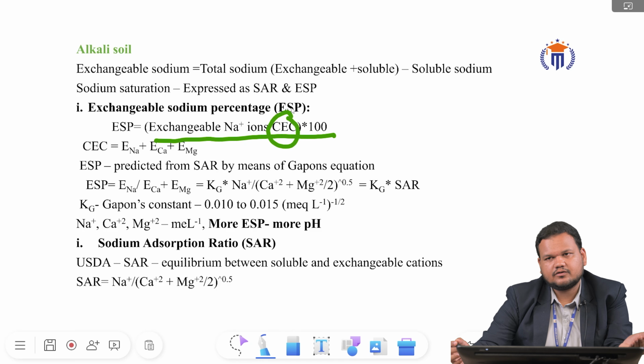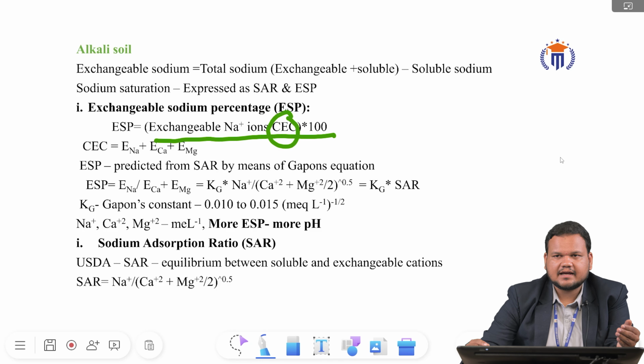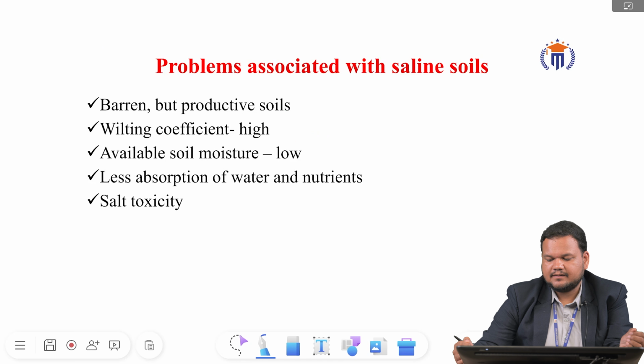This CEC includes your calcium, magnesium, potassium. So out of all the cations present, how much sodium is present within the exchangeable colloid complex? That is your exchangeable sodium percentage. Whereas the sodium adsorption ratio is measured in terms of the relative amount of sodium compared to your calcium and magnesium.